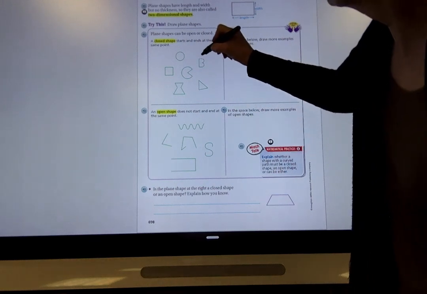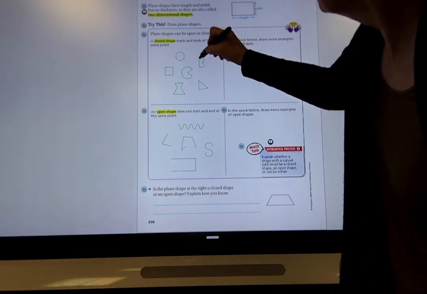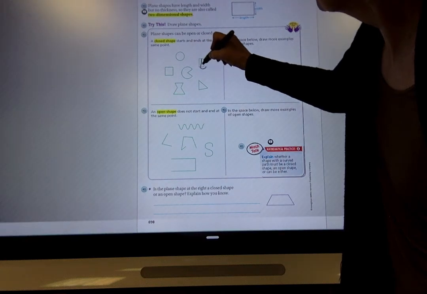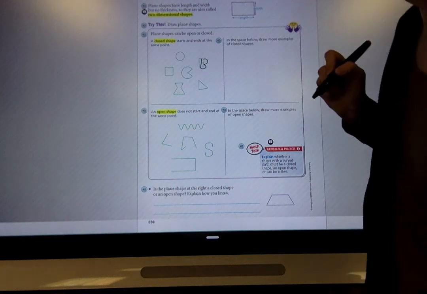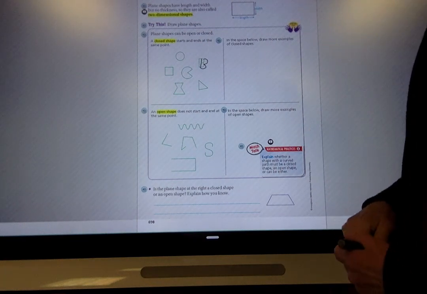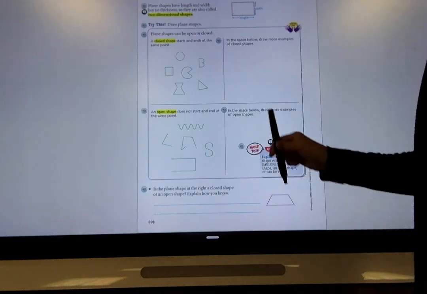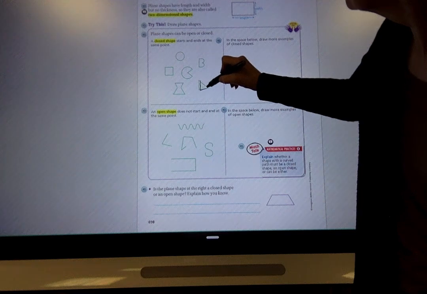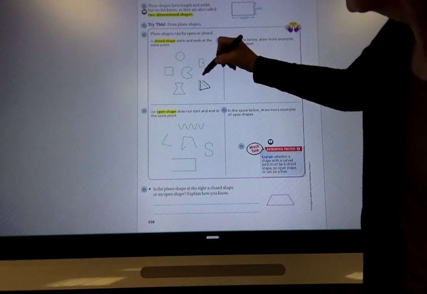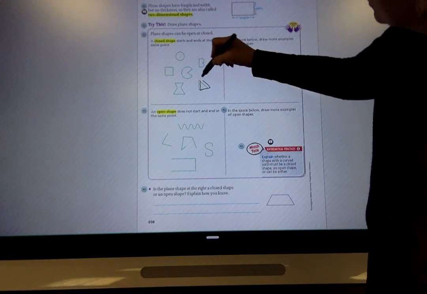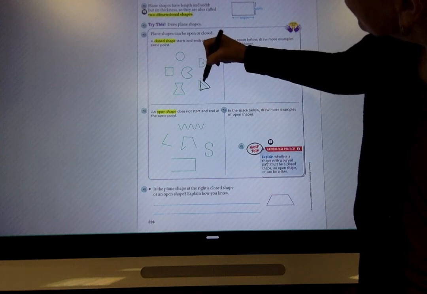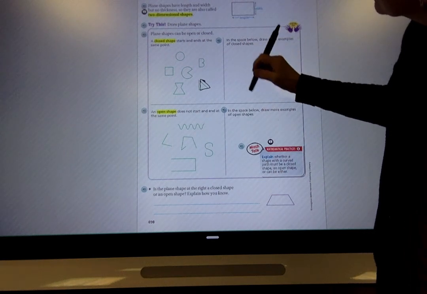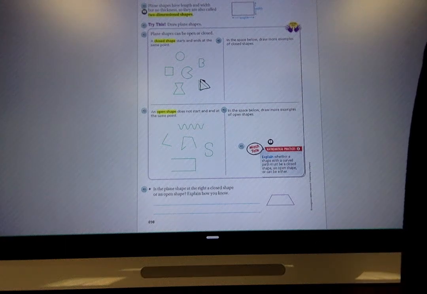So we start up here maybe, and we come down, and then we go around, and we stop at the same place we started. Okay? Triangle, we start here, we go down, follow, and oh, that's an open shape. I have to make sure that I close that, and my pen is a little bit off. I need to calibrate. Now it's a closed shape. You know it as a triangle.